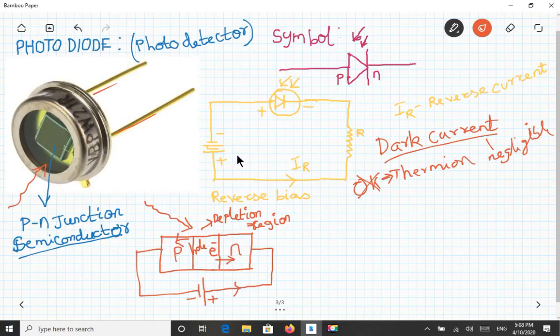And there are three modes of operation. The first one is the photovoltaic mode. The second one is the photoconductive mode.